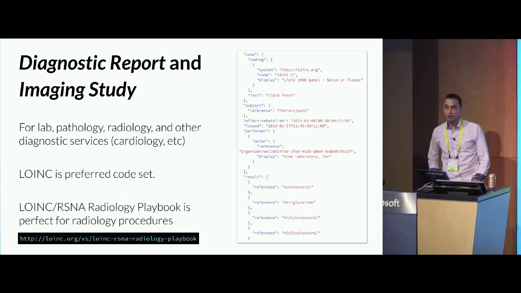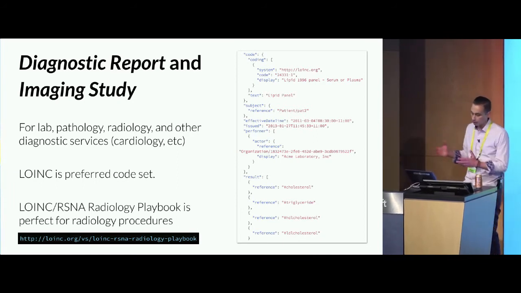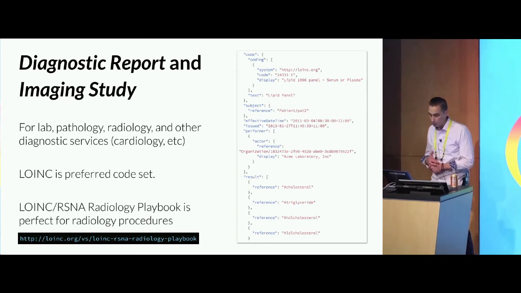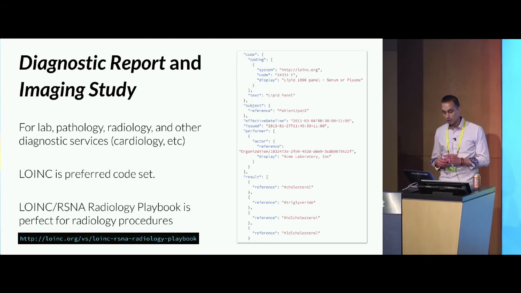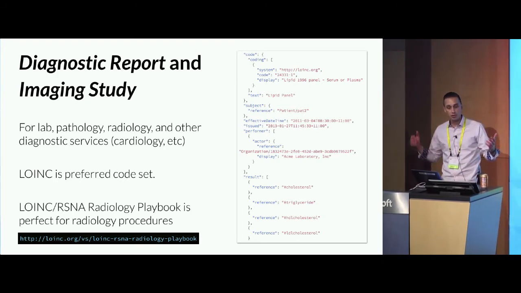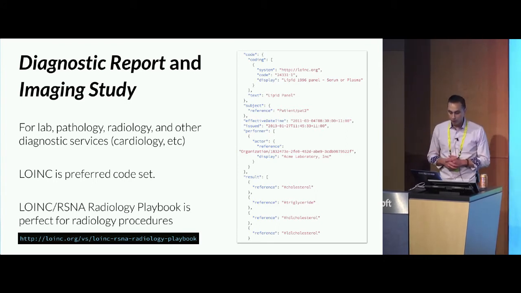But I mentioned this other characteristic of LOINC codes being designed for collections, and so one of those kinds of collector terms would be diagnostic studies or imaging reports. And so in these resources, that's where you've got codes that represent diagnostic services, whether those are pathology or radiology, et cetera. And LOINC is a recommended or preferred coding set for that.